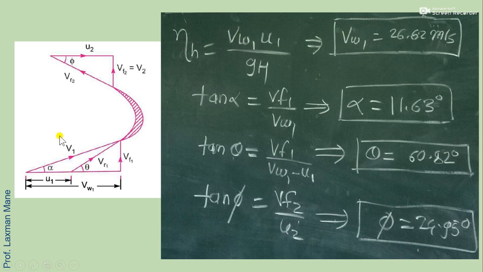Okay, now take the help of the velocity triangle diagram, the inlet triangle: tan alpha is the ratio of Vf upon Vw, so from this we get alpha. Then take tan theta. From this formula, tan theta is equal to what? Vf1 divided by this side, which is Vw1 minus U1. So from the tan theta ratio we get the value of theta.